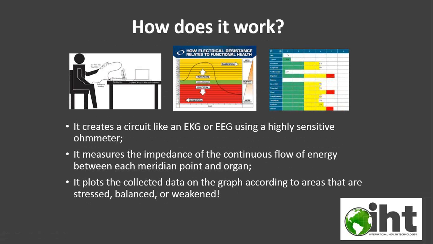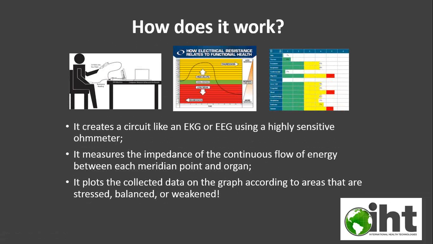So how does it work? Well, it creates a circuit like an EKG or an EEG using a highly sensitive ohm meter, and it measures the impedance, and you can see on the upper left-hand side there, we use what's called the EPIC probe. The EPIC is that point tester that goes through 58 points on the hands and the feet. And it's measuring the impedance of the continued flow of energy between each meridian point and the organs.